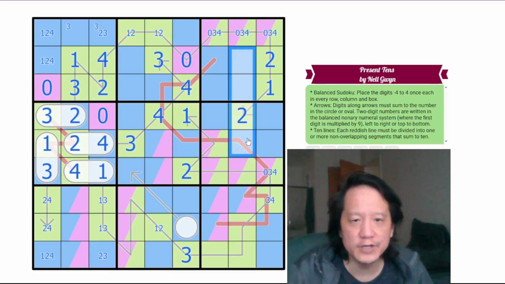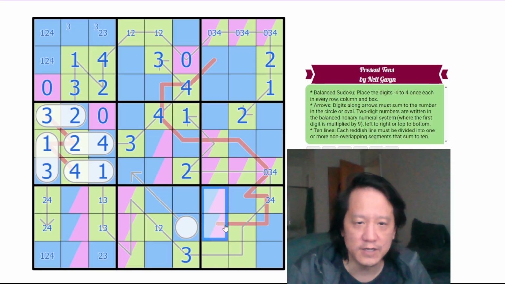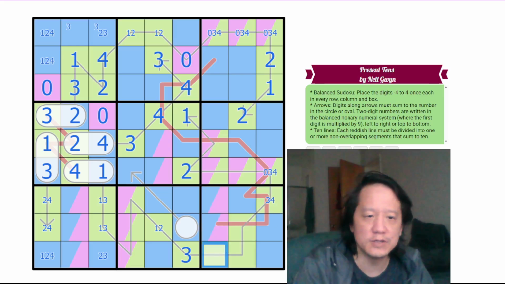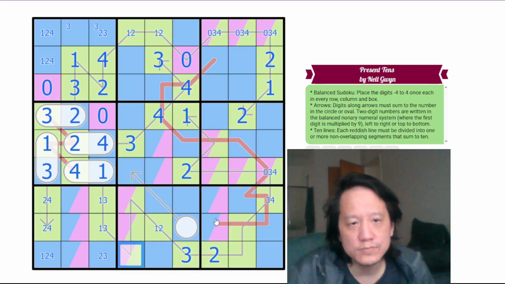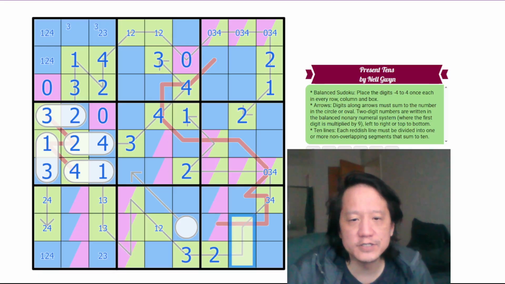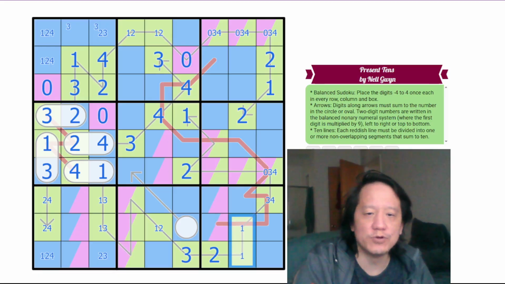We have three negatives in column 8, so this has to be negative here. Which means one of these two is a negative. Or sorry, one of these two is 0 and the other one's negative. 2 cannot be here, 2 cannot be here, 2 has to be here. Remaining digits in box 9 are 1, 3, 4.